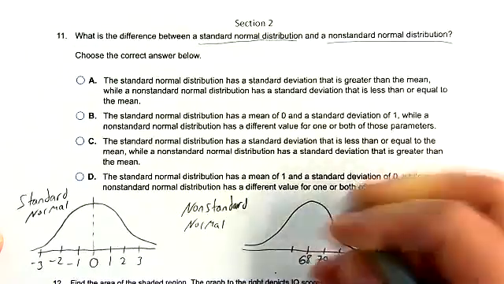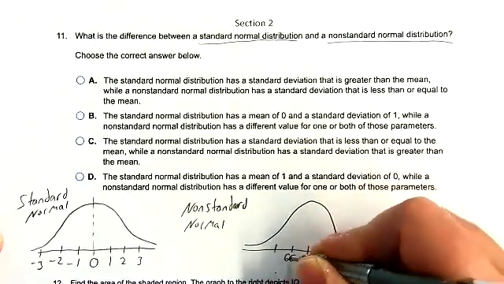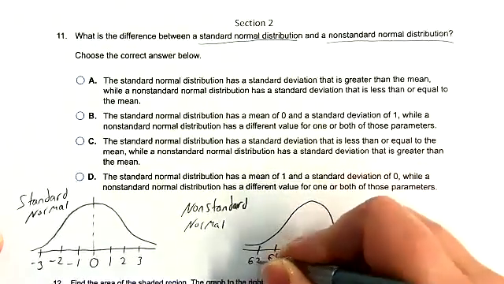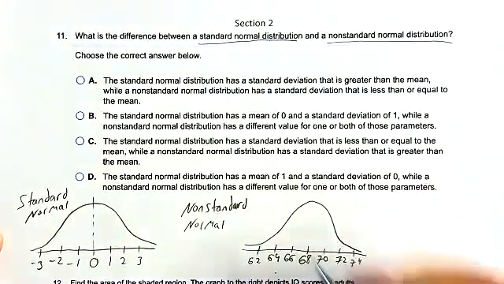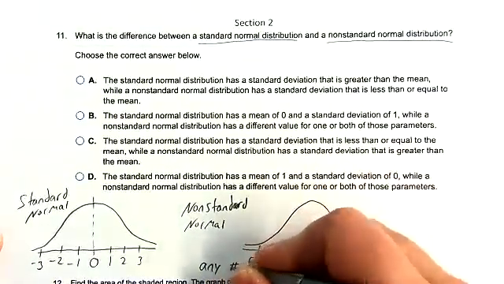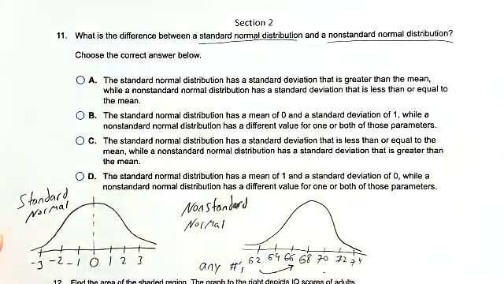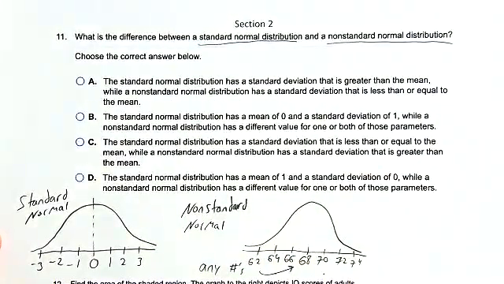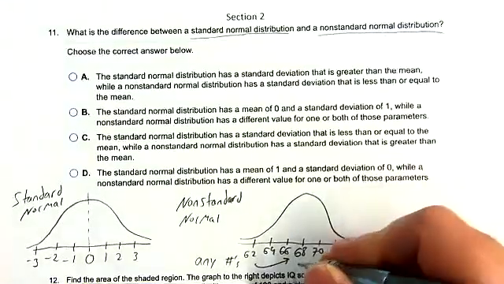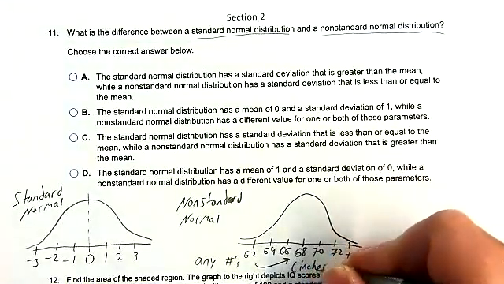And then on this side we have 66, 64, 62. So for a non-standard normal, we can have any numbers on this axis. And they're going to have units too.